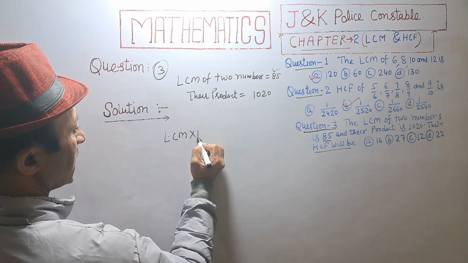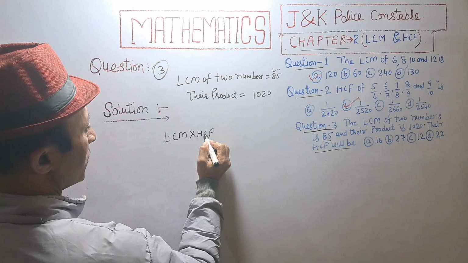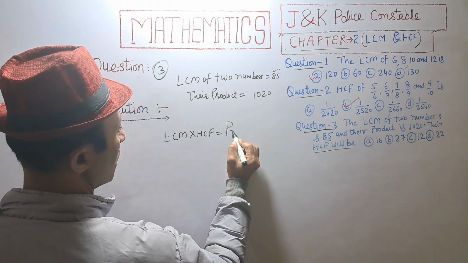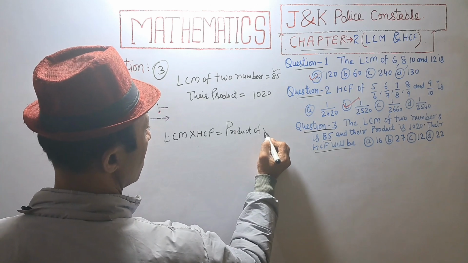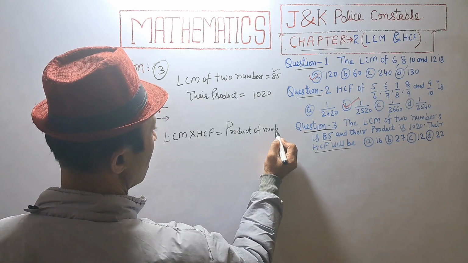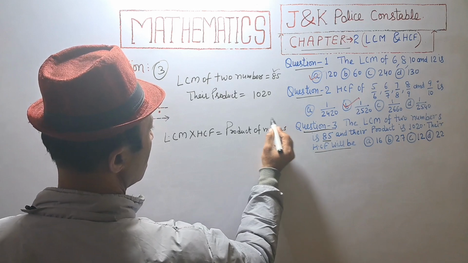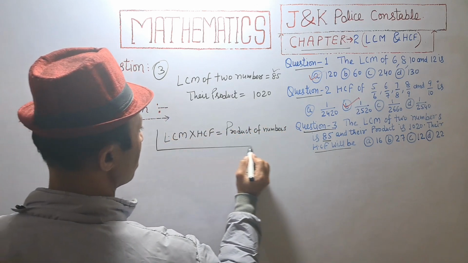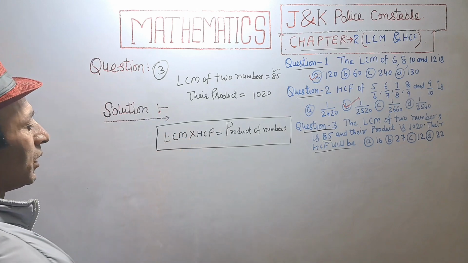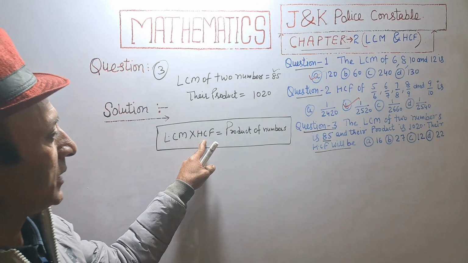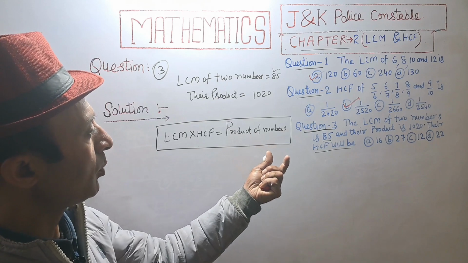LCM into HCF is equal to product of numbers. Its formula. LCM multiplied by HCF, that is equal to product of two numbers.